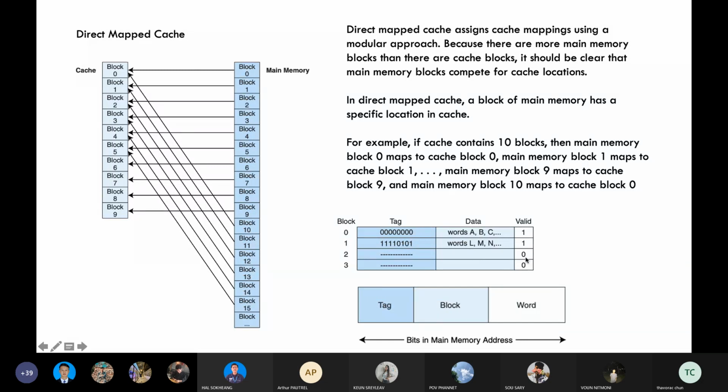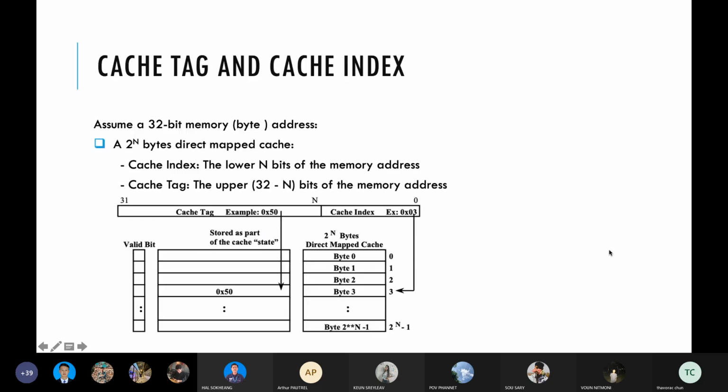And if the valid bit is 0, the data inside is not valid. So when the CPU makes a request to the cache, it needs to check the valid bit first to see if it is 0 or 1. If it is 0, meaning that the data the CPU wants is not located inside the cache, it needs to go search inside the RAM.